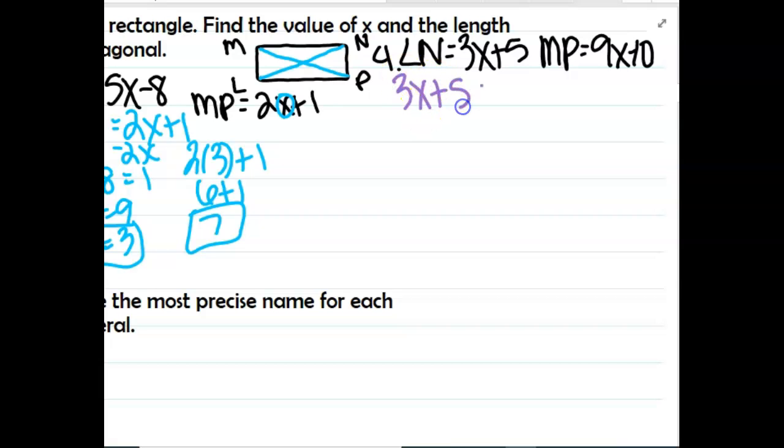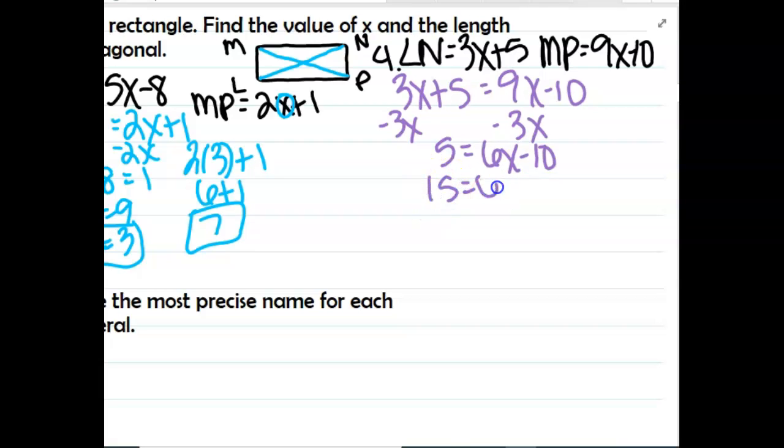So I know 3x plus 5 has to equal 9x minus 10. So to get my x's on the same side, I would subtract 3x from both sides. So 5 equals 6x minus 10. And when you add 10 to both sides, you're going to get 15 equals 6x. But you're thinking ahead, you're like, well, I probably did something wrong because it doesn't come out evenly. You didn't do anything wrong. You're just going to get a decimal, which is 2.5.